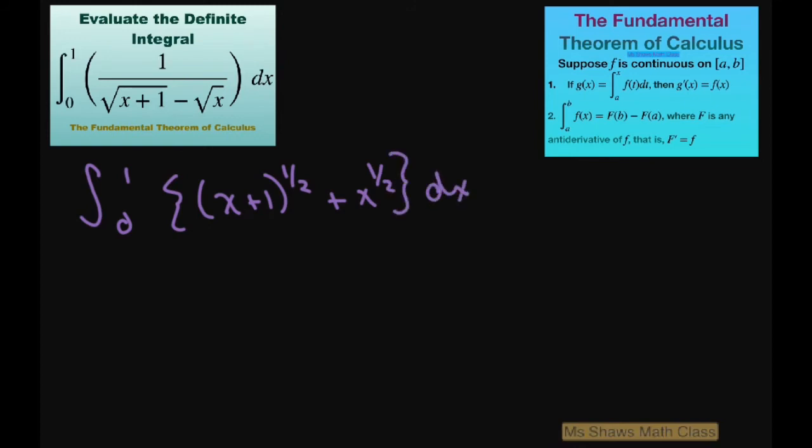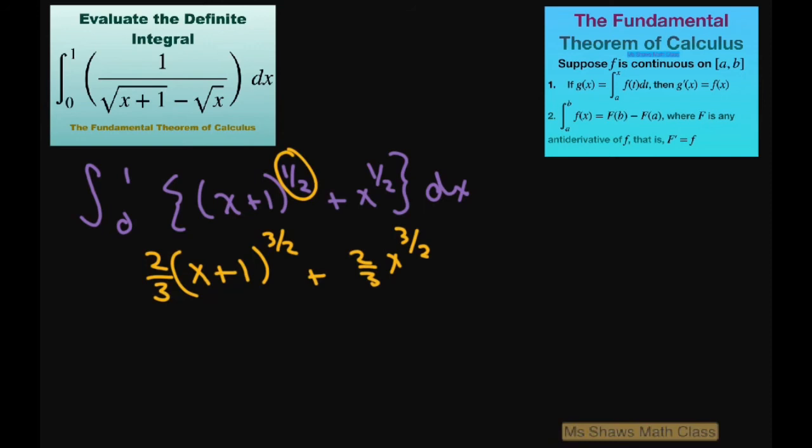When you integrate this, you add 1 to the exponent. So this is going to be x plus 1 to the power of 3/2 divided by 3/2, which is the same as multiplying by 2/3. The same thing happens with the x: 2/3 x to the power of 3/2. Then we're evaluating this from 0 to 1.